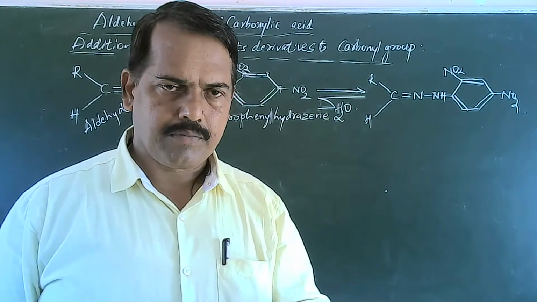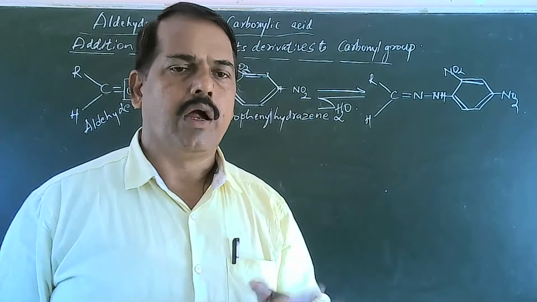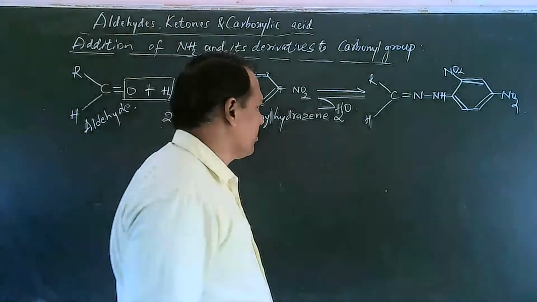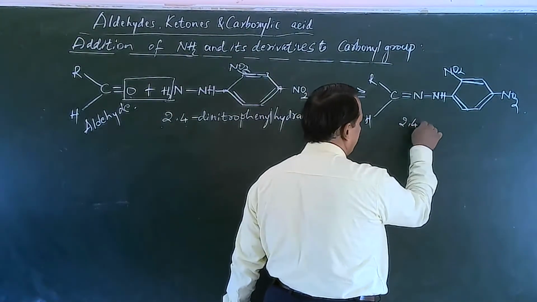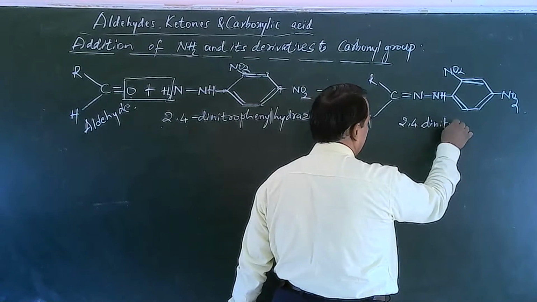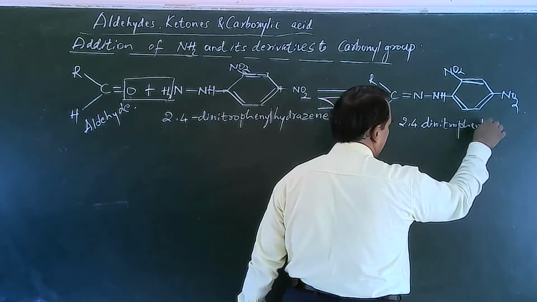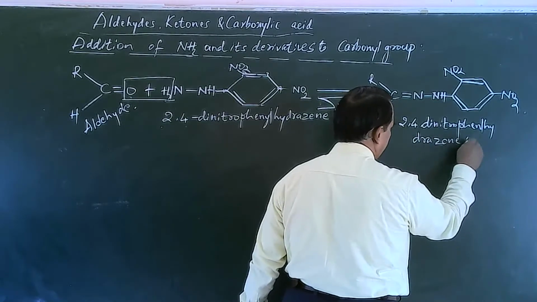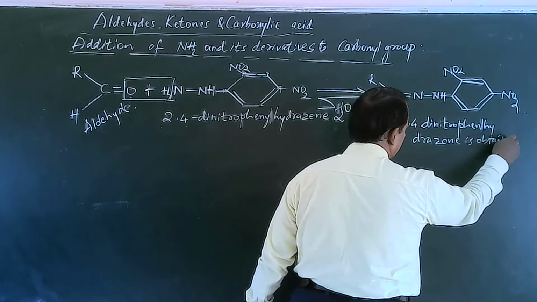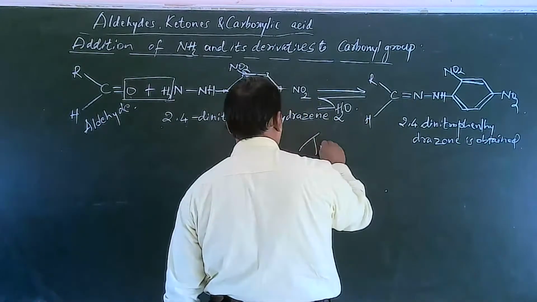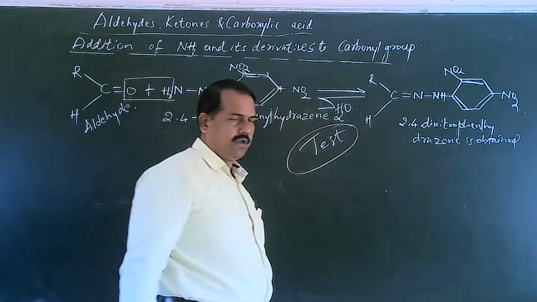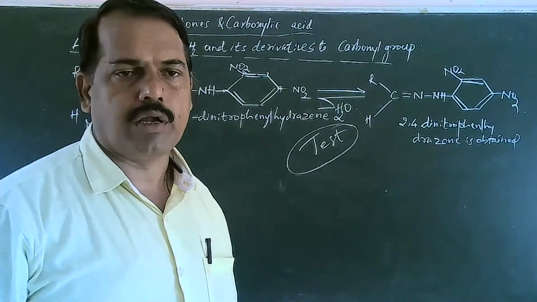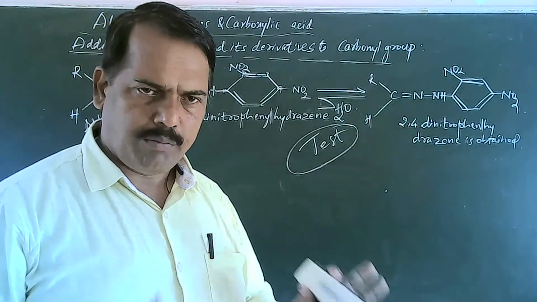Just shake properly, heat, and we will get 2,4-dinitrophenylhydrazone. So this is a very important test for an aldehyde. Are you clear? It is an important test for an aldehyde and ketone. A very simple reaction.